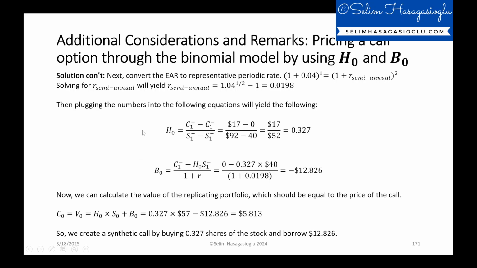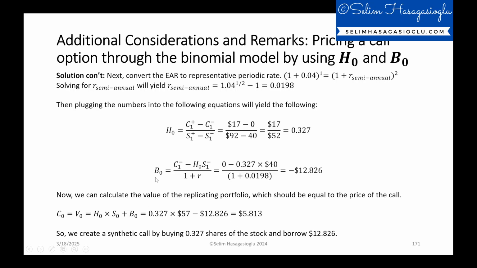Now we can calculate the value of the replicating portfolio, which should be equal to the price of the call. So C0 equals V0, which is also equal to H0 multiplied by S0 plus B0. So 0.327 multiplied by 57 plus B0. B0 was minus 12.826.